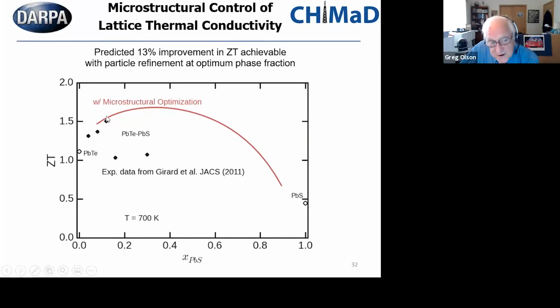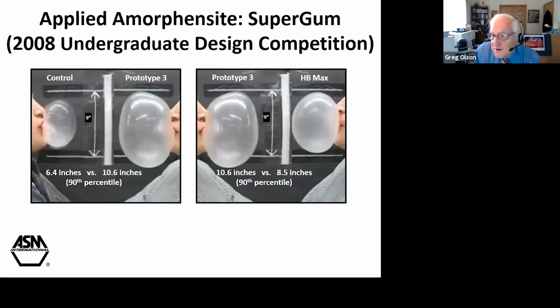And it showed that it agreed with the data from empirical development in the literature at low phase fractions, but actually said at these higher phase fractions, if we were to refine the particles to their optimum size, there is more performance that you could achieve from that system. So this is a very early demo of applying CALPHAD to these systems as well. And this is underway now as part of the CHIMAD Center. Jeff Snyder at Northwestern is actively developing the use of the CALPHAD tools to predictively control microstructure optimization in these same systems. But of course, what you really want to know is what about bubblegum?